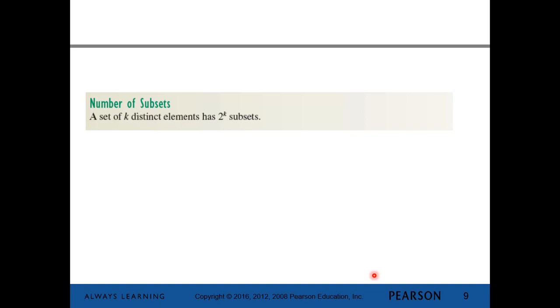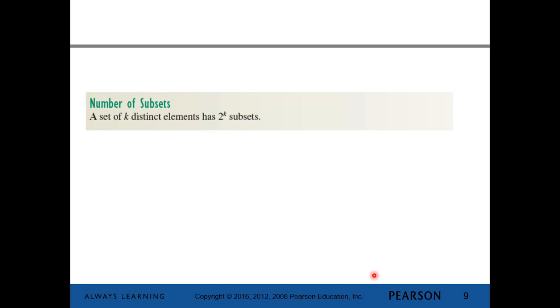Well, for each one of the elements, either the element's going to be in or the element's going to be out. So for each element, there are two options, right? Either in or out. If there are 5 elements, and each one has two options, in or out, in or out, in or out, in or out, and finally in or out, what do you do?